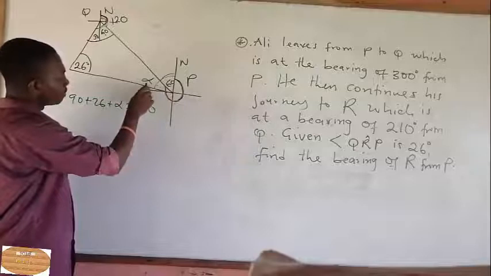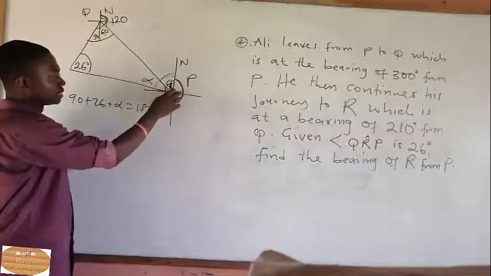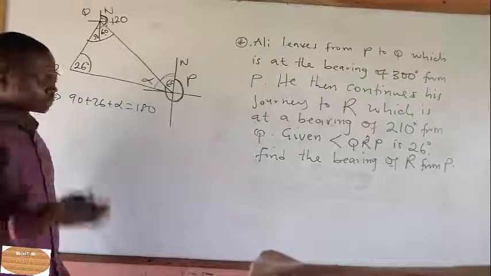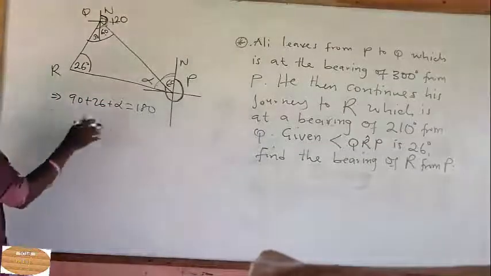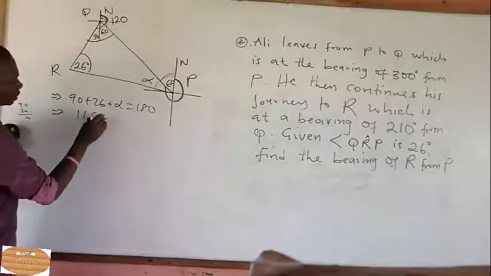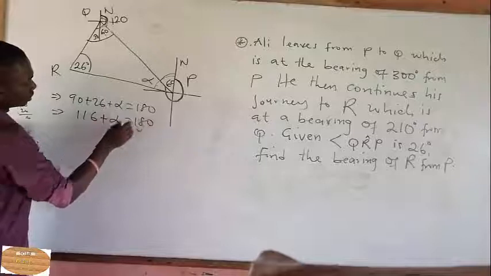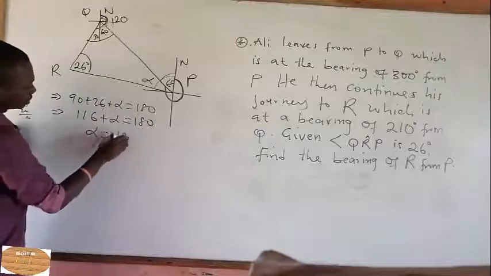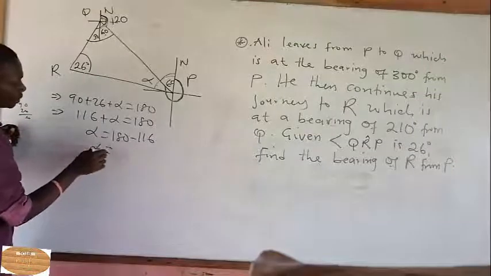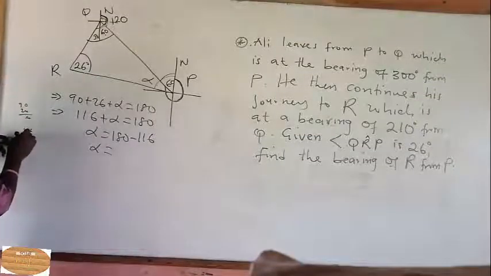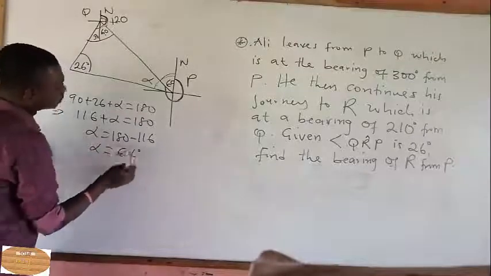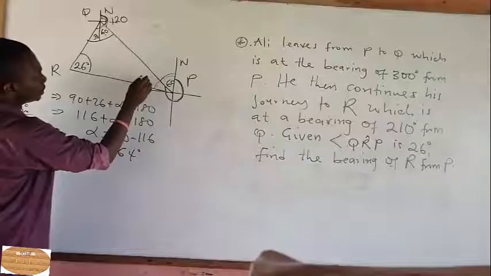So 90 plus 26 is 116, plus alpha equals 180. So alpha is 180 minus 116, which is 64. So this side is 64.